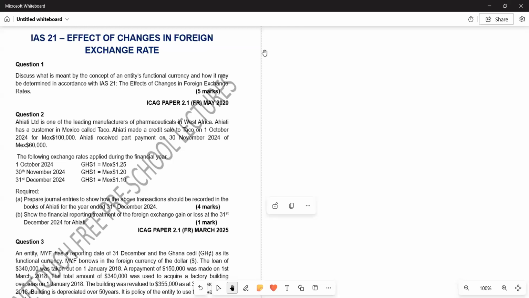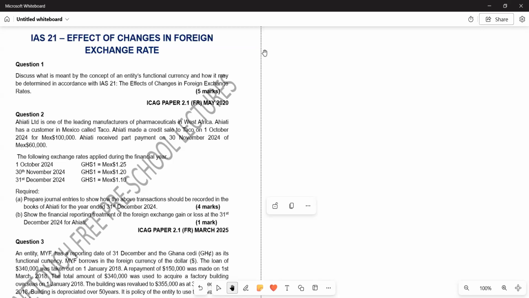Then number 3, the functional currency cannot be changed unless the underlying factors change. These are the 3 issues that answer the first part of the question. Is that clear? Yes, sir. Then the second part of the question, how it may be determined.